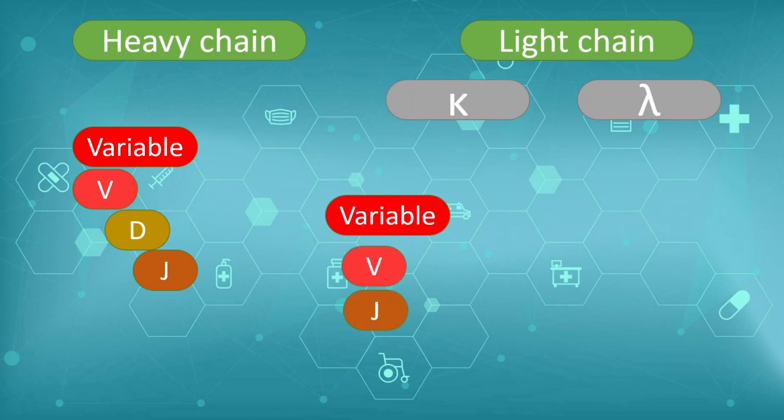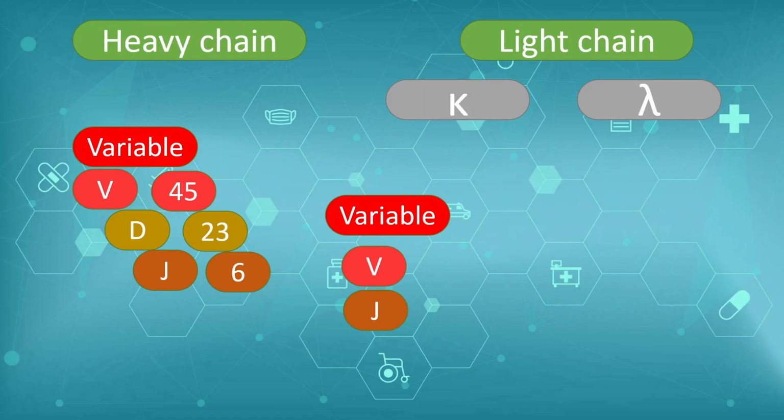So there are multiple genes. For example, in humans, the heavy chain has 45 variable segments, 23 diversity segments, and 6 junctional segments.